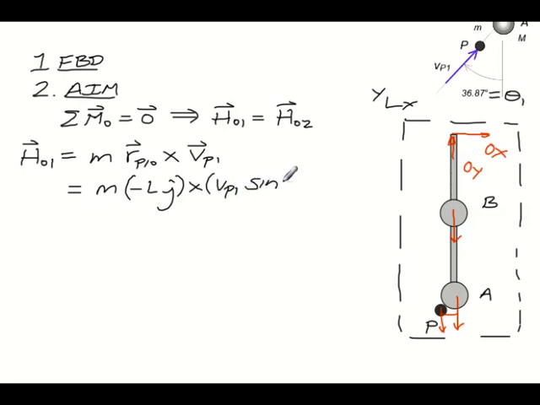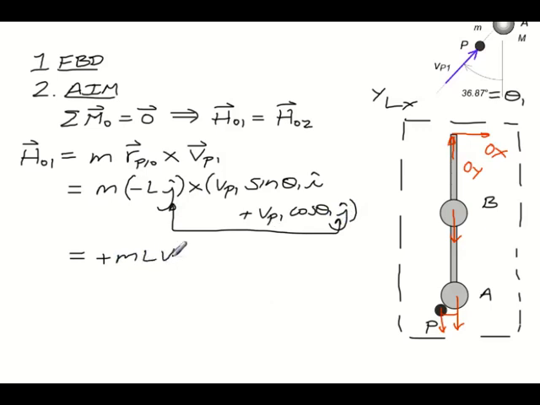Sine theta 1 in I, and then VP1 cosine theta 1 J. So again, R cross MV, we write down R and V in terms of X and Y. One thing we see here is that J cross J, that's a 0. All that's left here is the J cross I, which is a minus K, and a minus sign there in front makes it a plus M L VP1 sine theta 1 in the K.